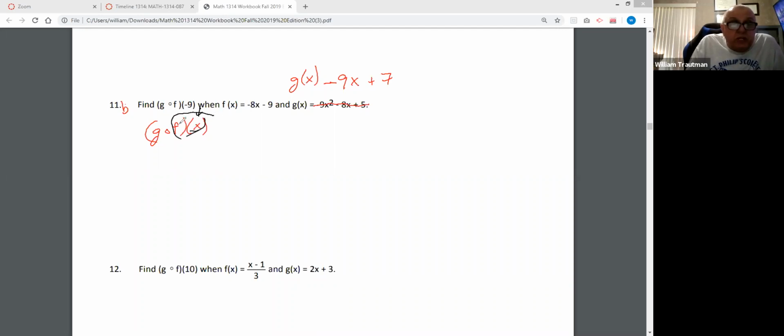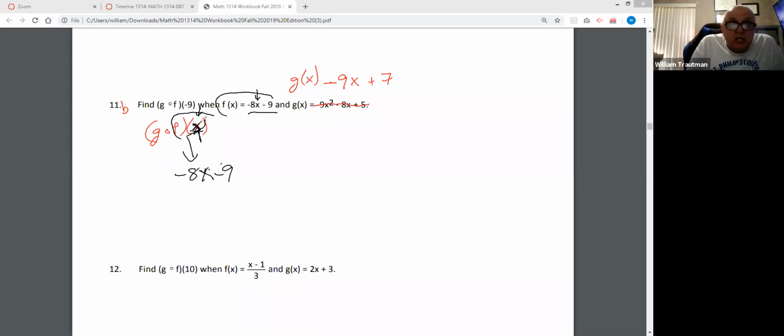So first we have f of x. This is our answer. f of x is just negative 8x minus 9. We're not plugging anything into the x. We're leaving x there. When we do f of x, it's just negative 8x minus 9. That's our answer because there's no number we're plugging in.